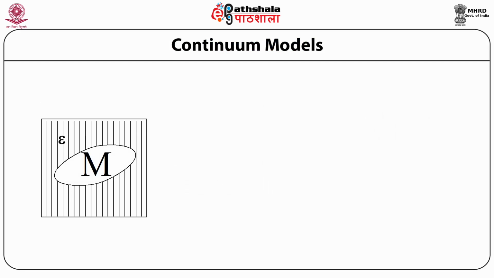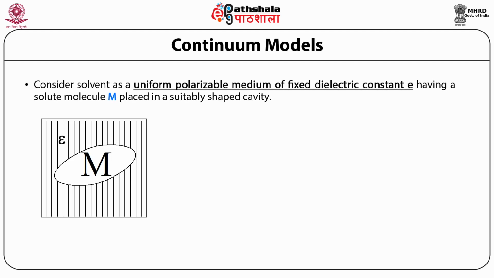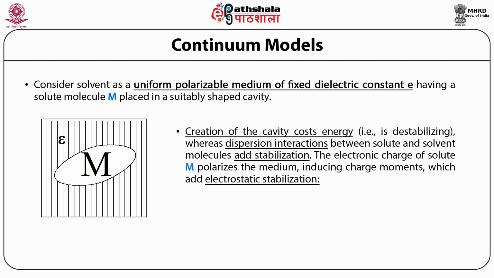And the solvent does play a most important role, as you see in the case of molecular simulation and modeling. It considers the solvent as, let us say, a uniform polarizable medium of fixed dielectric constant. This is the epsilon written over there, with a solute molecule M placed in a suitably shaped cavity. This is the most important line: the creation of this cavity actually costs energy. That means you displace the polarizable medium and make a space.